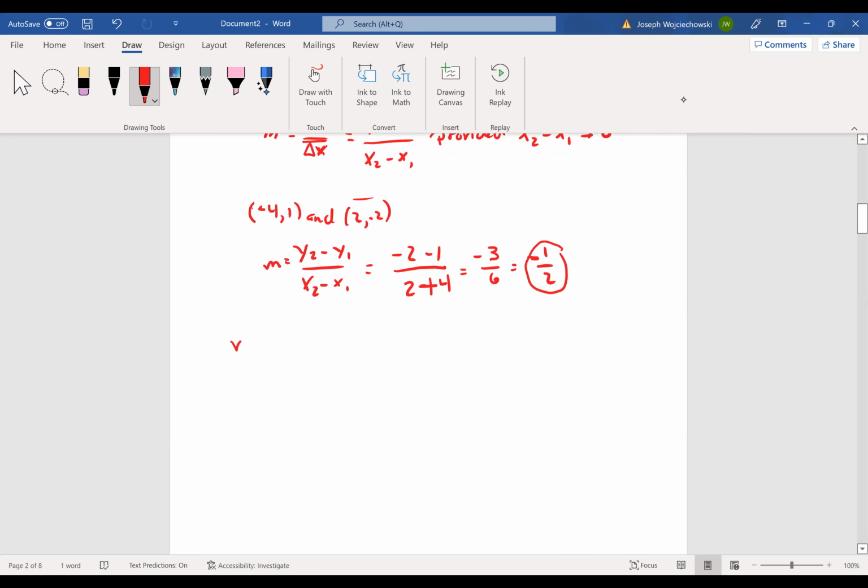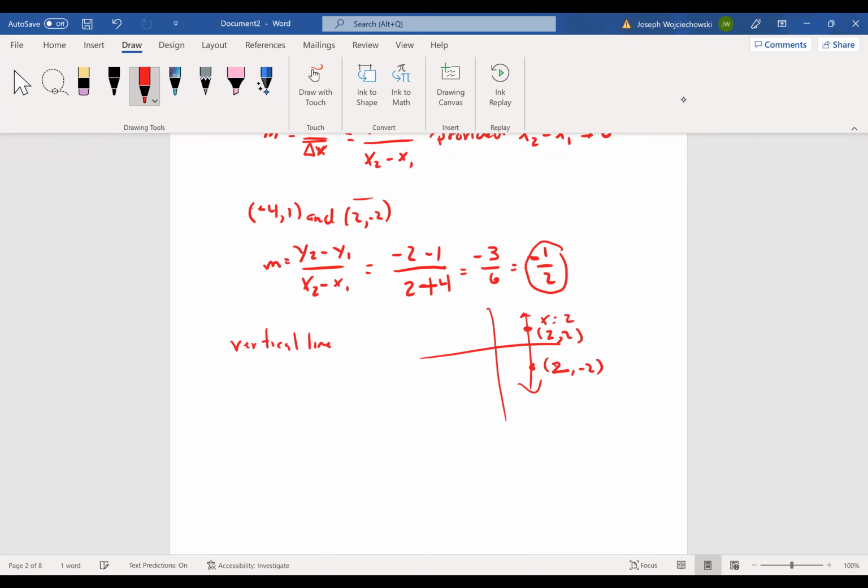What about the slope of a vertical line? Well, let's look at a vertical line, and we'll call it x equals 2. Pick this point here. X is 2, and we'll say y is 2. Let's pick another point here. X is 2, y is -2.